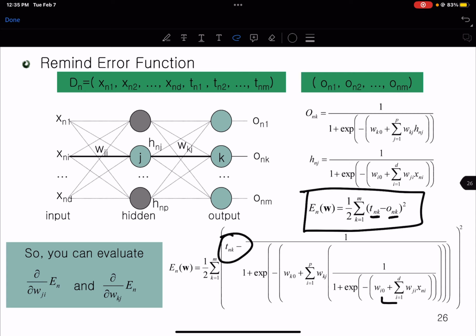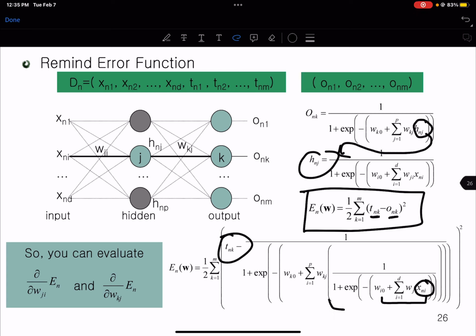This value defines the input because it has the x value. And we know your H of n j is defined like this.